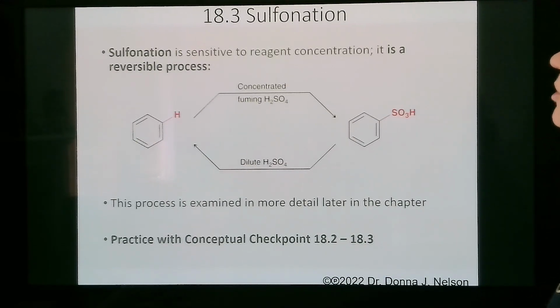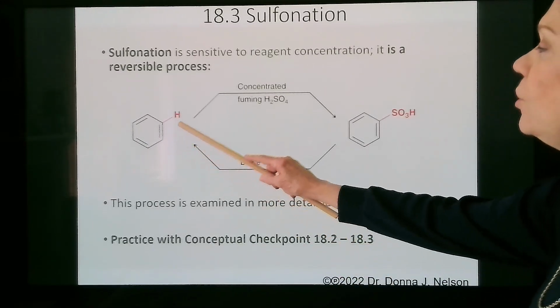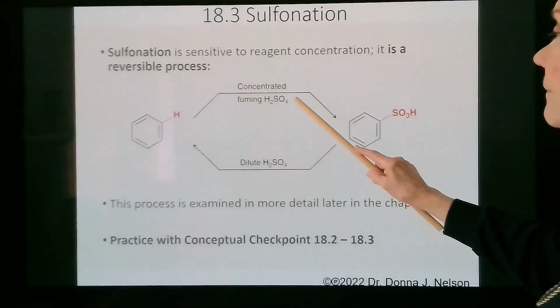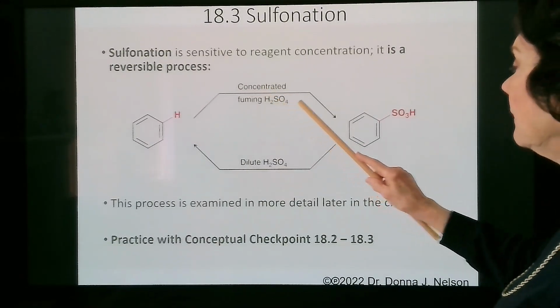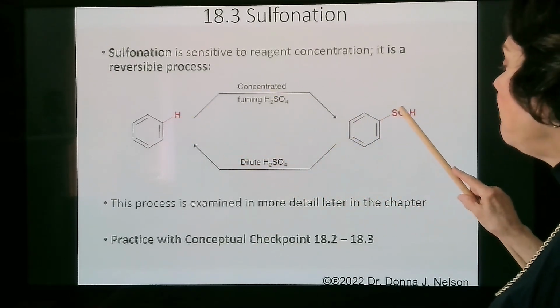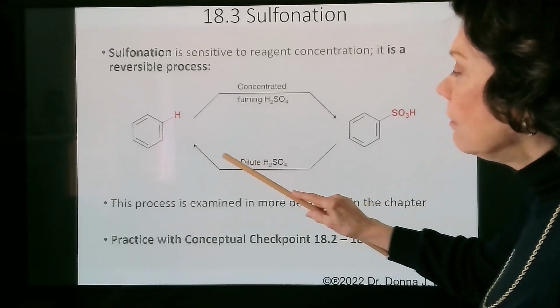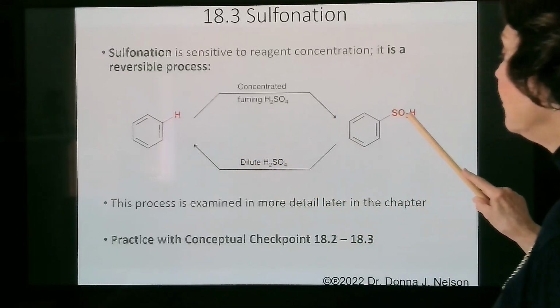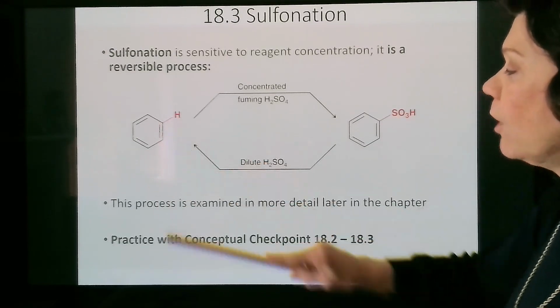Sulfonation is sensitive to reagent concentration. It's a reversible process. So in other words, you can use concentrated fuming sulfuric acid. So this is going to have some heat, and this will sulfonate the benzene ring. So that means that if you dilute this, just add water, you can remove this sulfonate group and revert back to benzene.